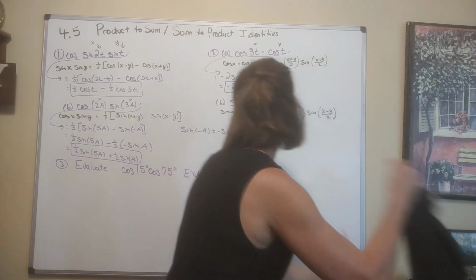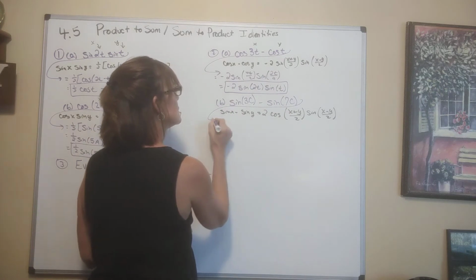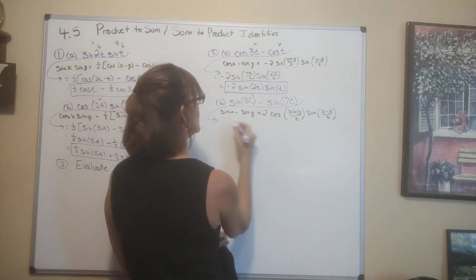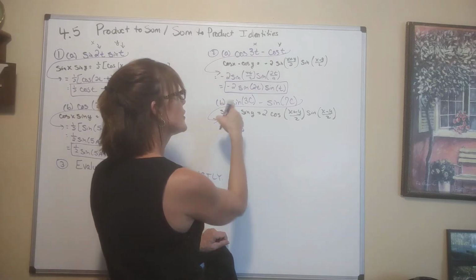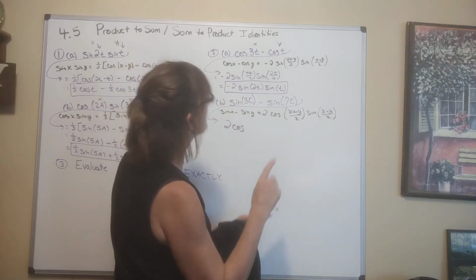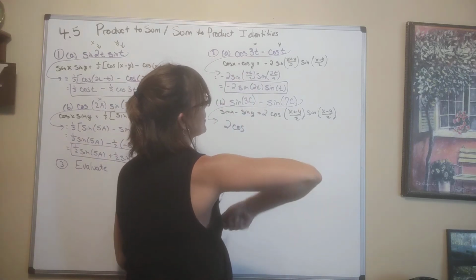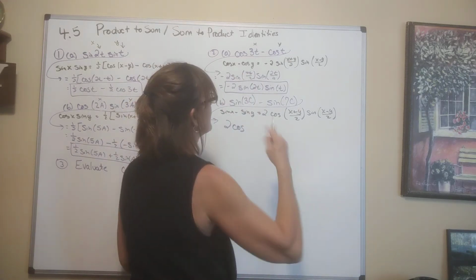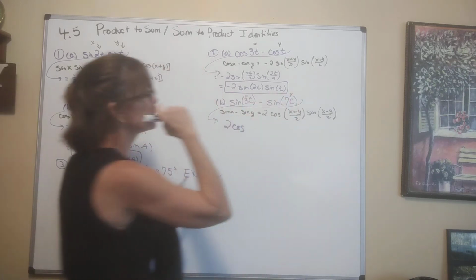This equals 2 times the cosine of the first angle. x is going to be 3c and y is going to be 7c.